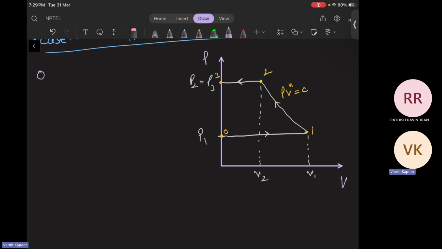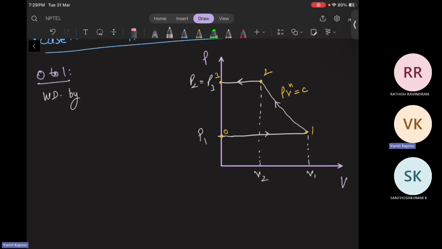So from stage 0 to 1, work done by the system. Working fluid is the system here for us. So what is the work done here? That is your PdV, change in the volume, from the suction process. At a constant pressure, the volume has been changed.